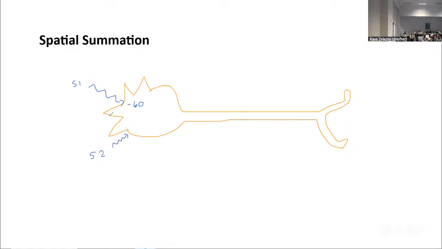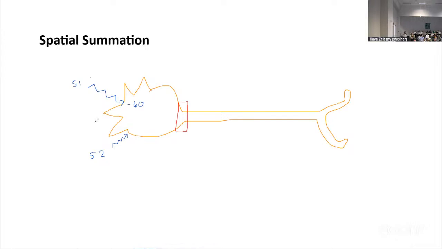So what we're interested in is, does this specific patch of membrane hit -55 or not? That's our axon hillock. It's the beginning of our axon. So this is really the location where we care about the charge. So because graded potentials decay over space, right?